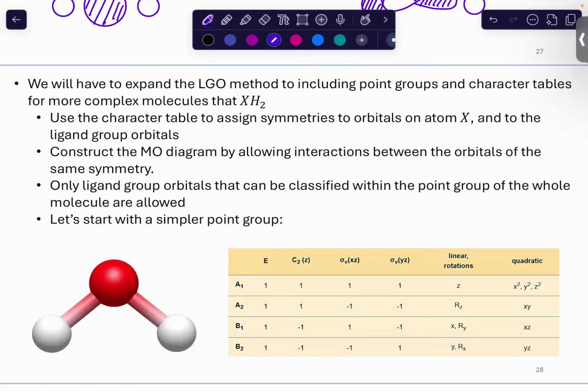We can't have B2 prime g. We're limited to this table. What we did above was just constructing these orbitals by observation. What we're going to start on Monday is constructing these by actual symmetry operations and comparing them to the character table.